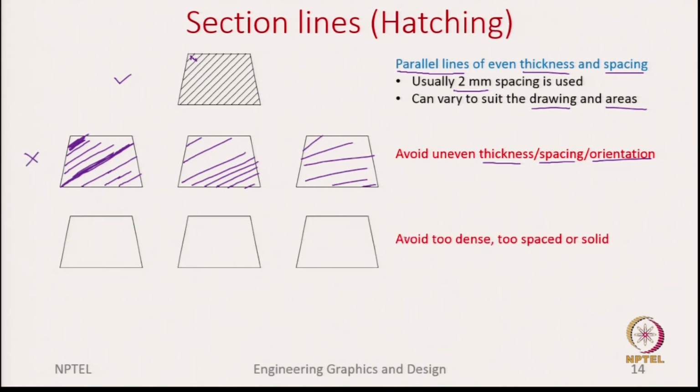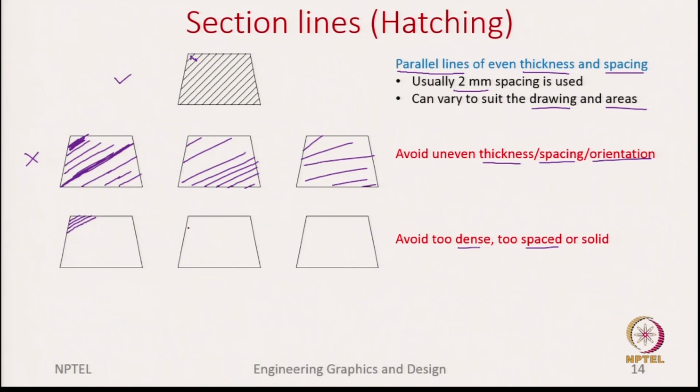Similarly, we need to avoid too dense or too spaced. Too dense means you cannot have them very close to each other. I previously told you, if they are too close to each other, when you reproduce, let us say you make copies of your drawing, it may not come out as parallel lines, it will simply come out as a solid black drawing.